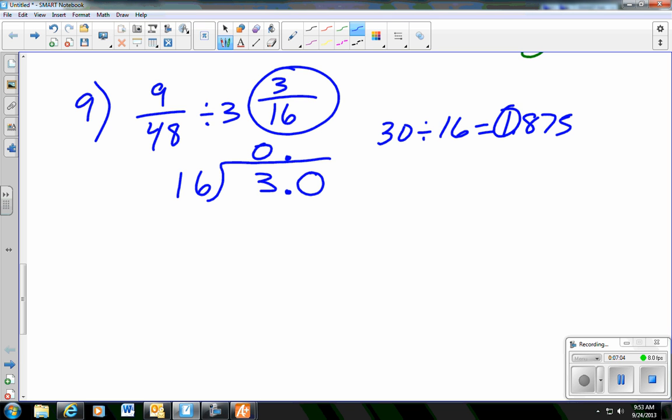But again, all we want is the 1. So 1, and then 16 times 1 is 16. We subtract that. Use your calculator if you need to do 30 minus the 16, and you will get 14.